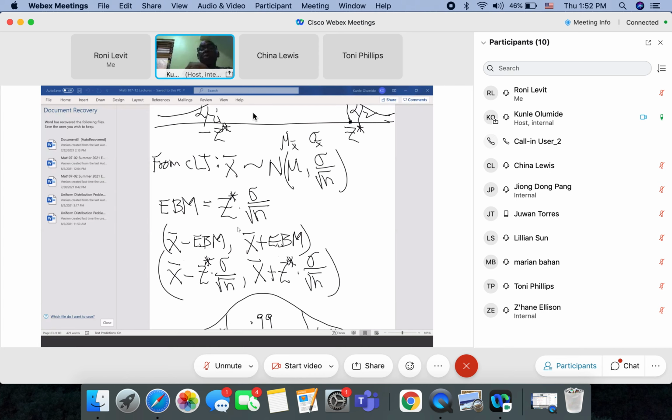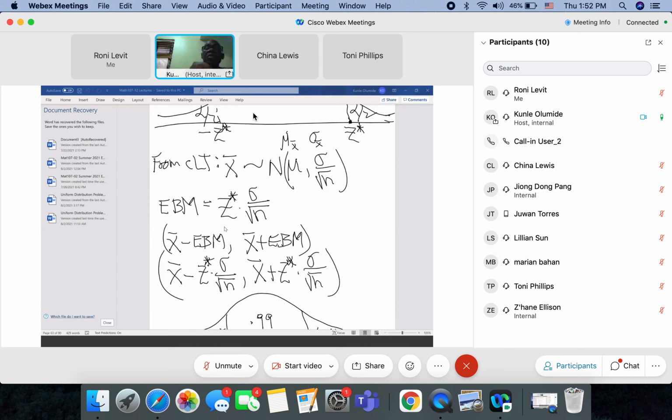I'm assuming you can see my screen, and you can see where I wrote x bar minus EBM and x bar plus EBM. Right above that, you see EBM equals Z star times sigma over square root of n.